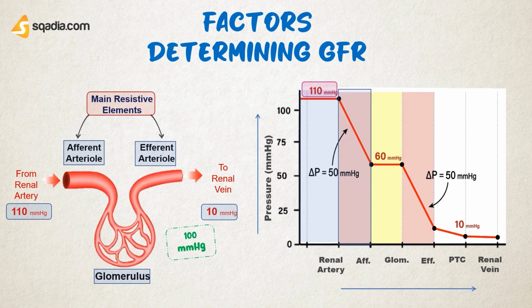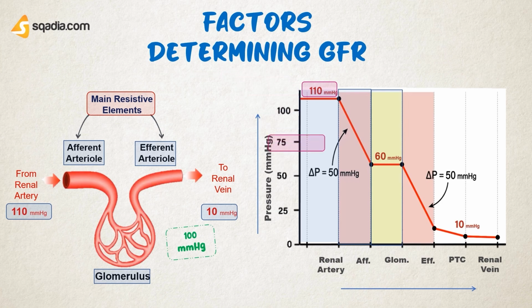Because the afferent arterioles are one of the main resistive elements, the blood pressure drops as it moves through the afferent arteriole, and this blood then reaches the glomerulus, which has a relatively low vascular resistance.